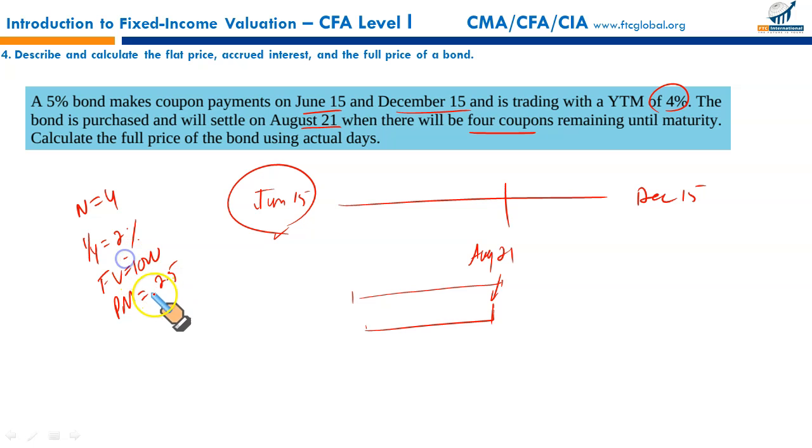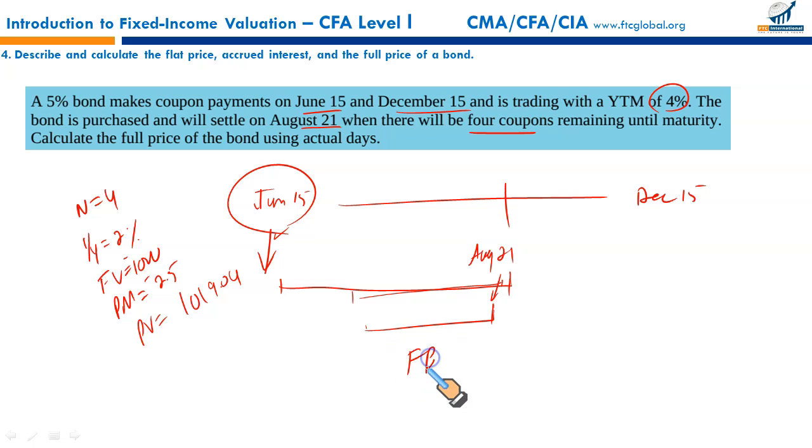Using these inputs in our TVM, we can calculate the present value. When you punch in these numbers, the present value will come as 1019.04. Now this is the present value at this date. We just need to incorporate the interest earned over this period, and this can be done using this formula.